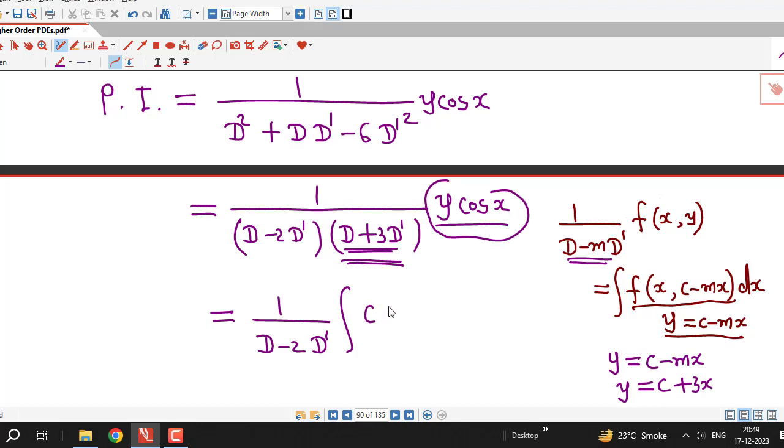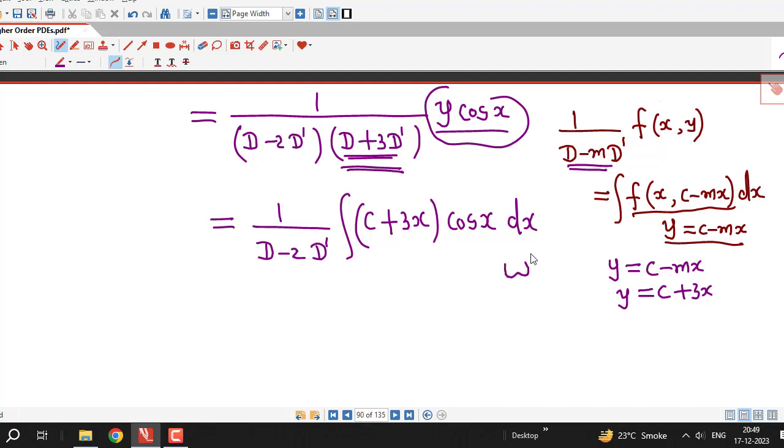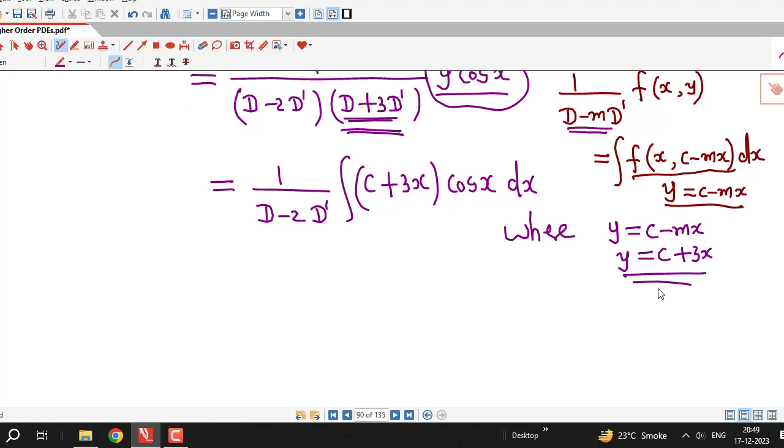So there is only one y here, which we replace by c plus 3x, into cos x, and we integrate with respect to x, where y is nothing but c plus 3x.